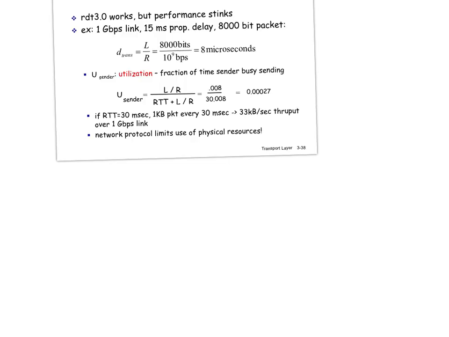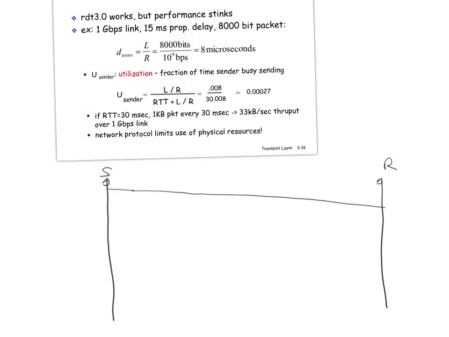So if I have, this is the time. This is the sender, and this is the receiver. The sender sends the first segment. And remember, this segment has a significant length, right?